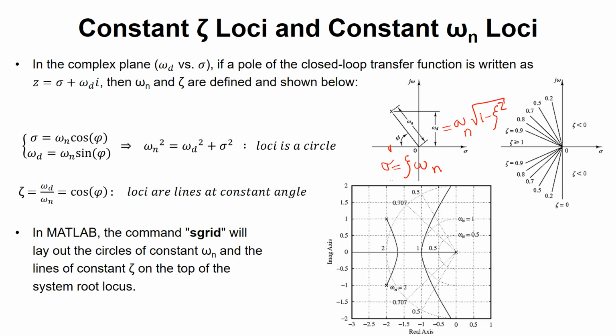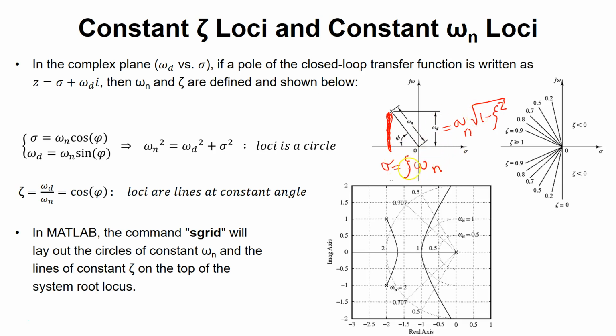Now, what is omega n? Clearly, omega n is the magnitude of that vector. Is that correct? The components of that vector are, one of them, sigma, which is zeta omega n, the other one is omega n times the square root of 1 minus zeta squared. So if I square sigma and omega d and add them together, what happens?